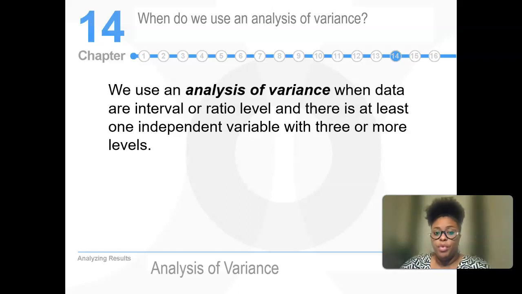Those are 3 or more levels of the independent variable, and I may look at religion on life satisfaction. So we would use an analysis of variance, which again would be the ANOVA, our F test that we talked about in chapter 13, because we have a higher number of levels of the independent variable that we are studying on one or more DVs.